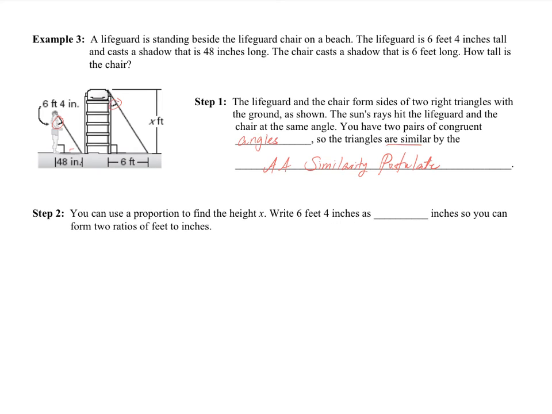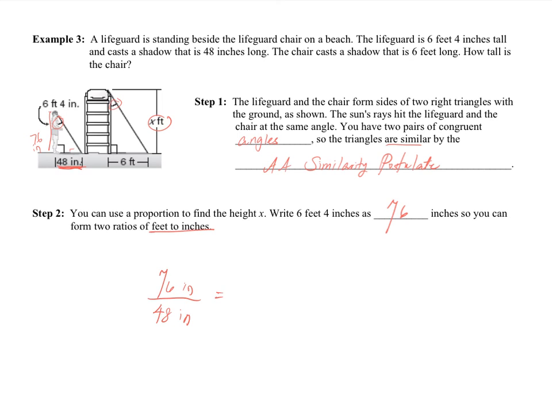Step 2. You can use a proportion to find the height x. First write 6 feet 4 inches as 76 inches. So you can form two ratios. If the lifeguard's height is 76 inches, I can set a ratio to 48 inches, which is the shadow.